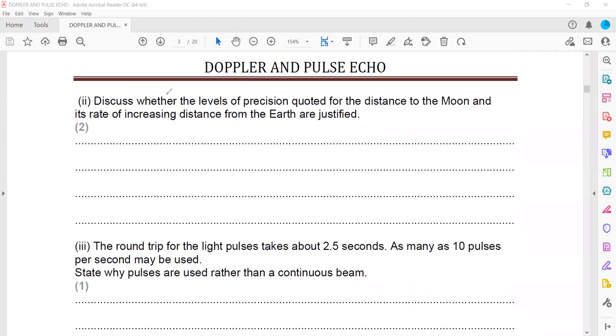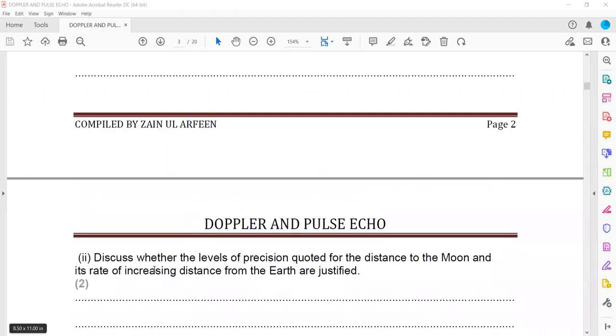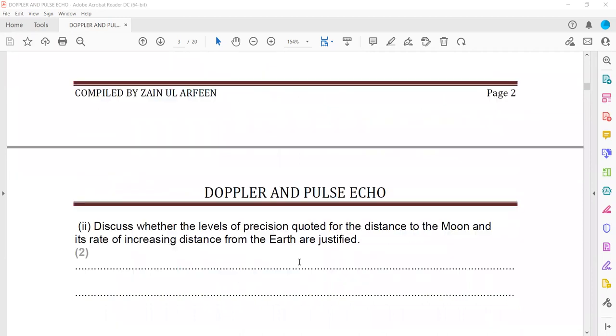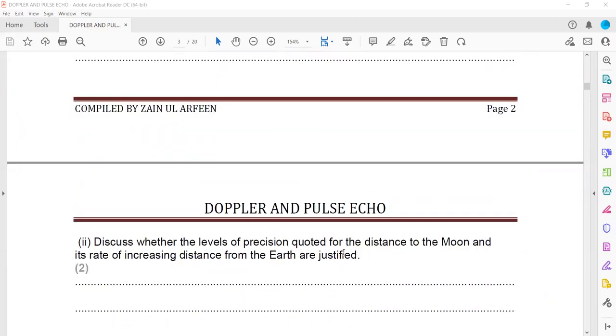Then discuss whether the level of the precision quoted for the distance to the moon and its rate of increasing distance from Earth are justified. Like they mention here, the distance from the Earth to the moon is increasing.